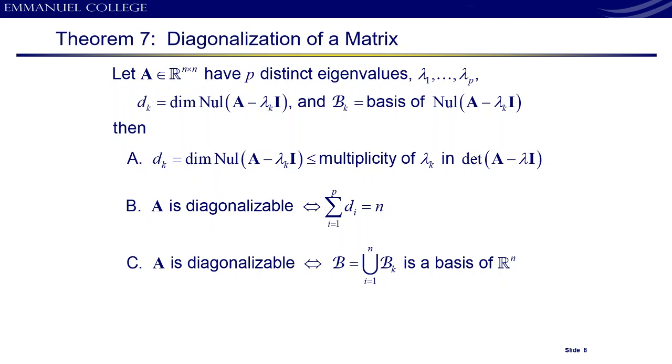And then the nice thing is, if A is diagonalizable, then the union of all of your bases will be a basis of Rn. Remember, to be a basis they have to span, which means they have to be independent vectors that will cover all of Rn.